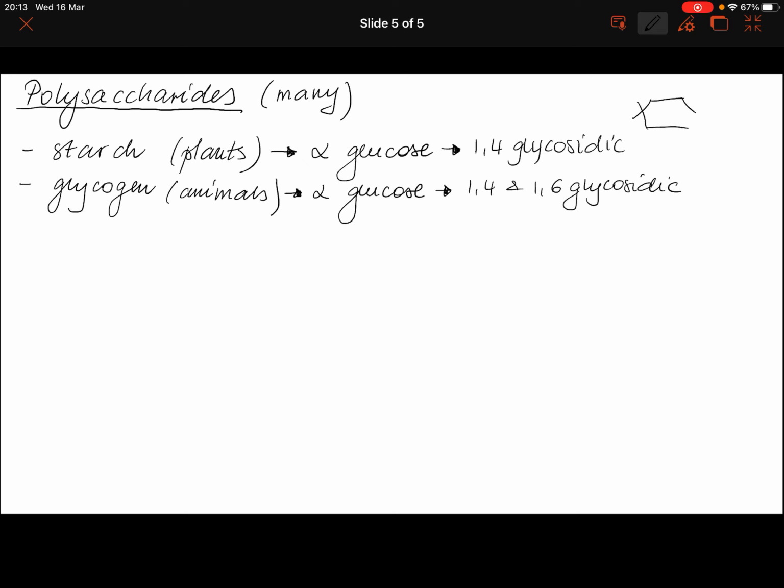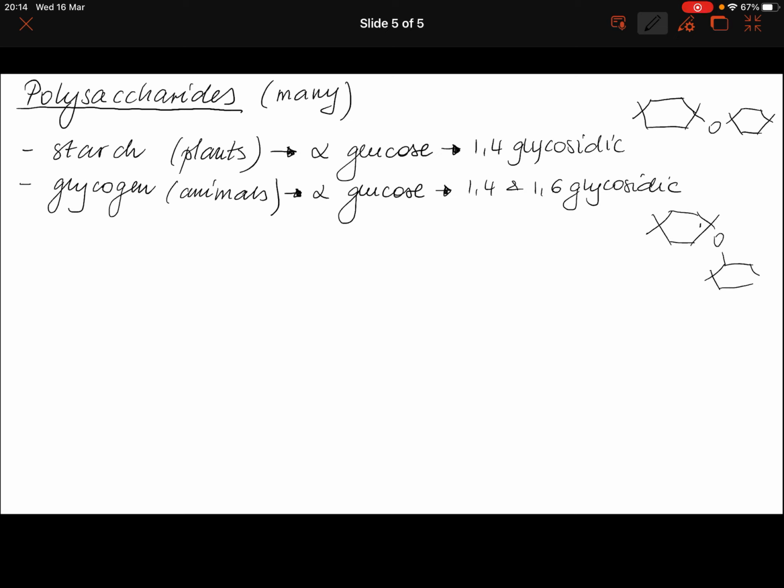So the 1,4-glycosidic bond was formed between carbon number 1 and carbon number 4. However, the 1,6-glycosidic bond will be formed between carbon number 1 and carbon number 6. So if I draw here another glucose, okay, this is carbon number 1. I want to now make a glycosidic bond between 1 and 6.